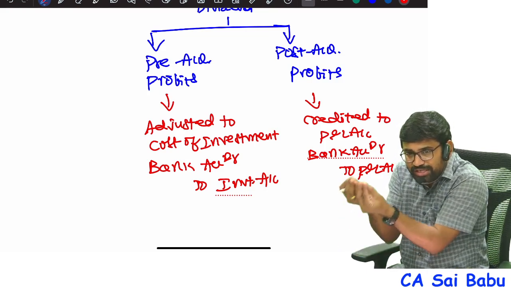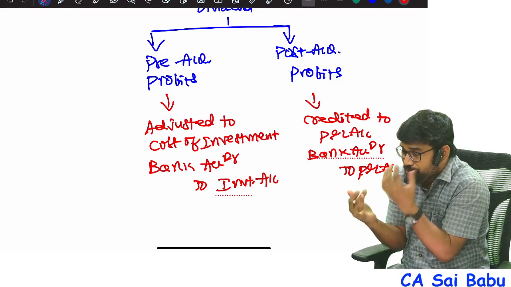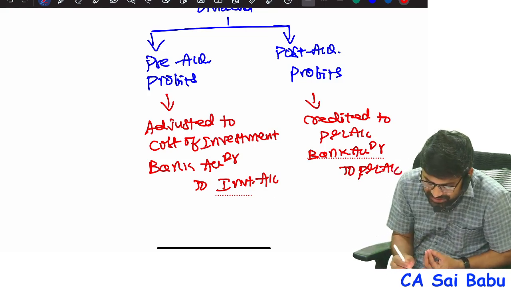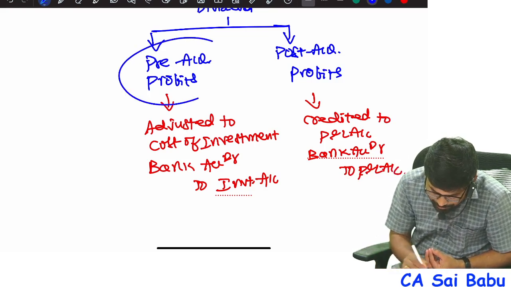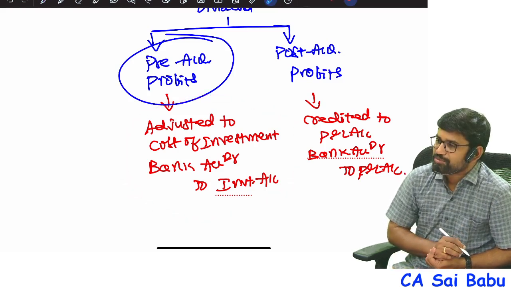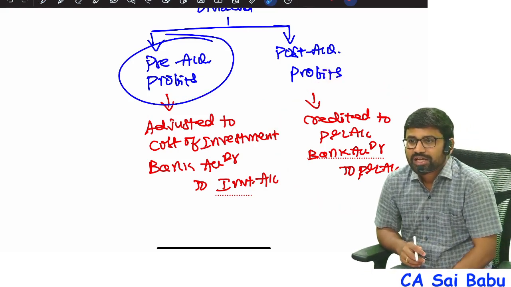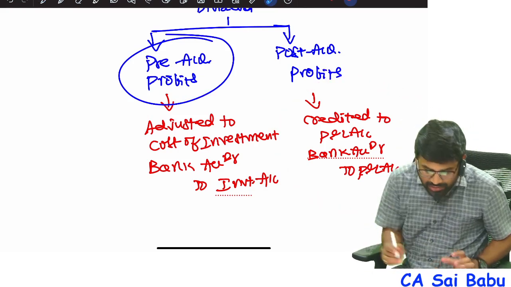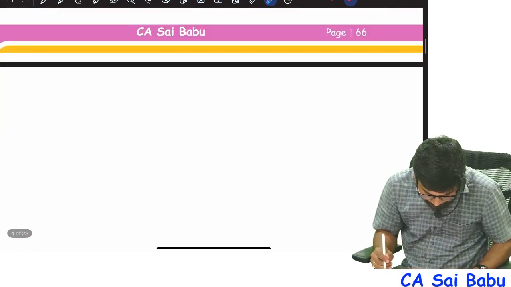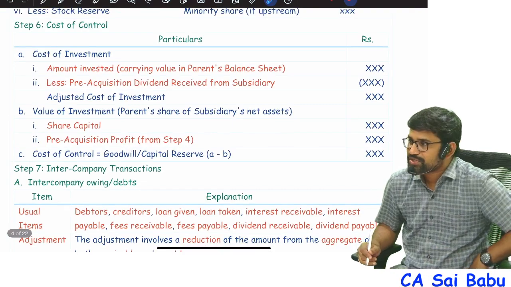Therefore, whatever the dividend receivable by the parent company from the subsidiary, from the pre-acquisition profits, that dividend is treated as which dividend? Pre-acquisition profits, that dividend is adjusted to cost of investment. If dividend is received from post-acquisition profit, credited to P&L account. That's why you see step number 6, cost of control.